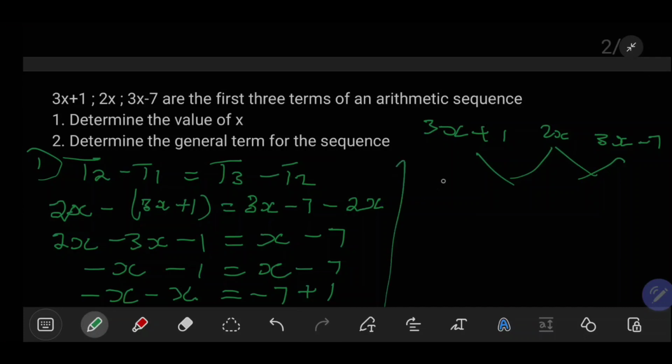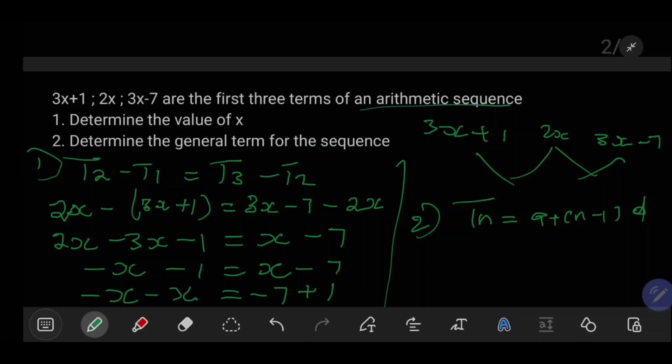All right, so now they want you to determine the general term for the sequence. This is question number 2. So remember, this is an arithmetic sequence. So we know that Tn is equal to a plus (n minus 1) multiplied by our difference. Okay, so do we know our a value?